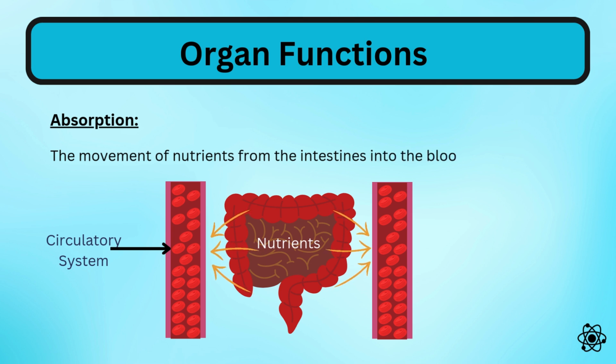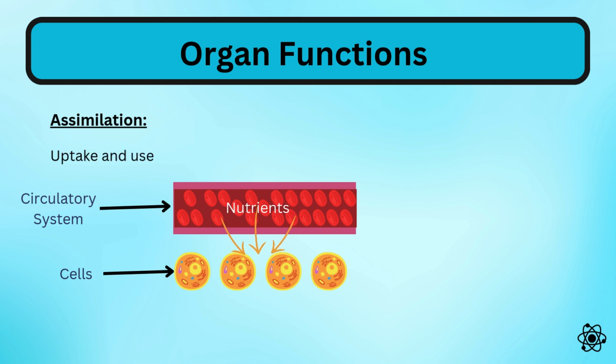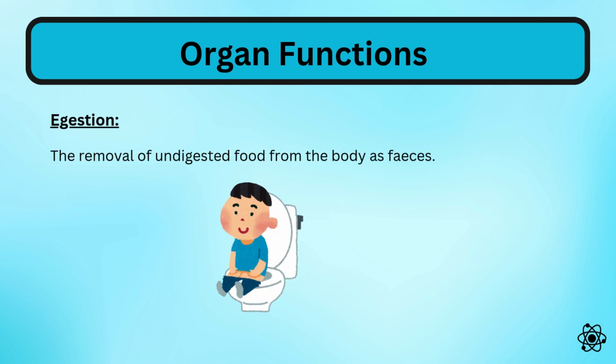That is when the nutrients move from the digestive system into the circulatory system. Assimilation is the uptake and use of nutrients by cells, so that is when the nutrients move from the circulatory system to the cells. And egestion is the removal of undigested food from the body as feces.